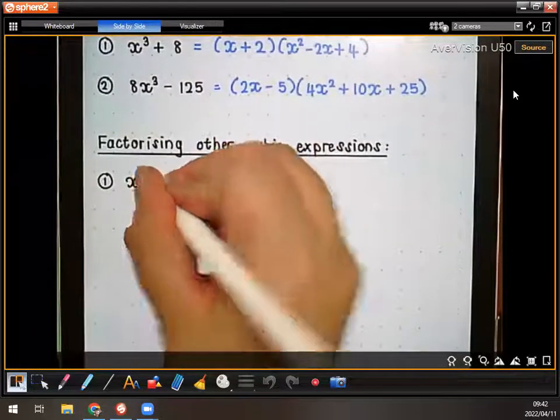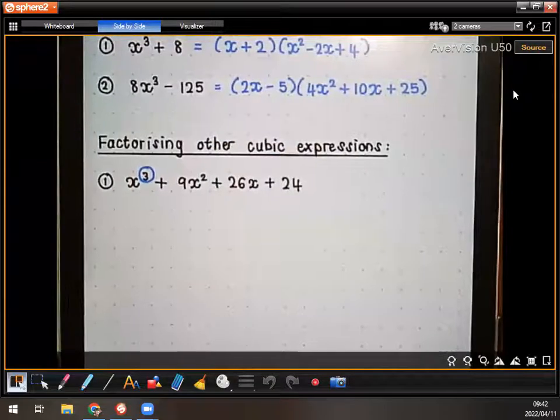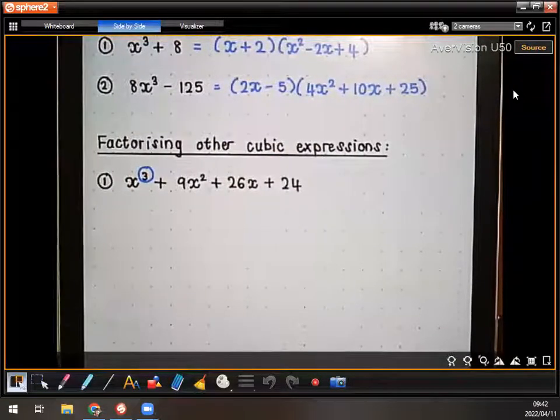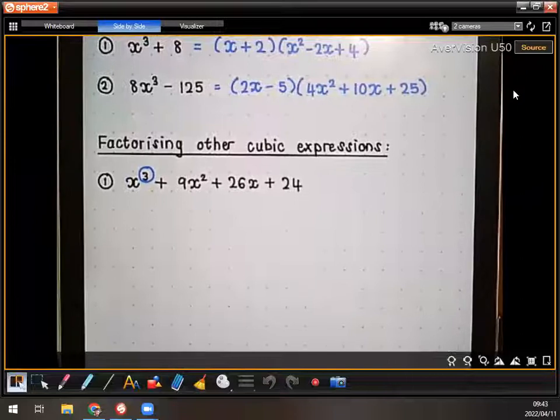Okay, that's the first one, guys. Now the fact that the highest exponent of x is 3 makes it a cubic expression. We are used to doing quadratic expressions, which have an x squared.